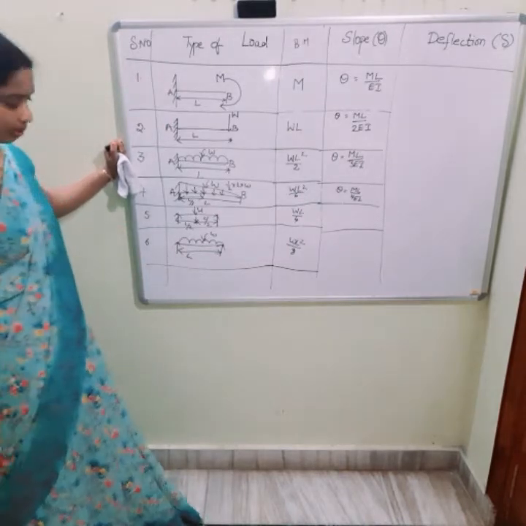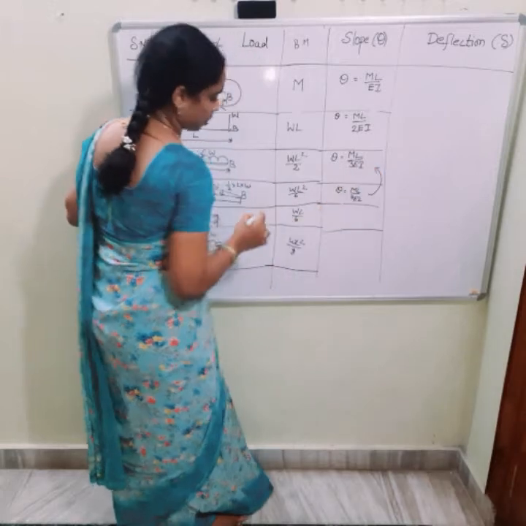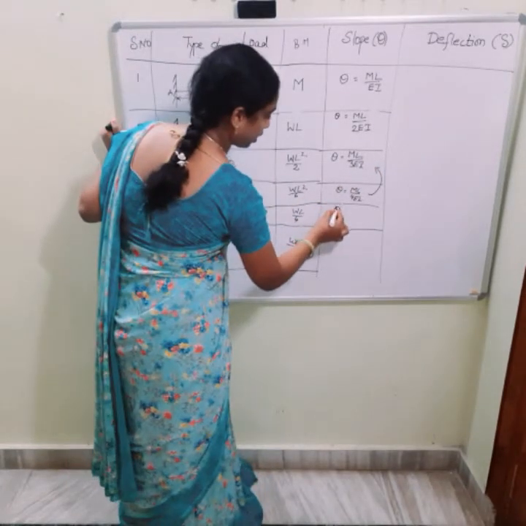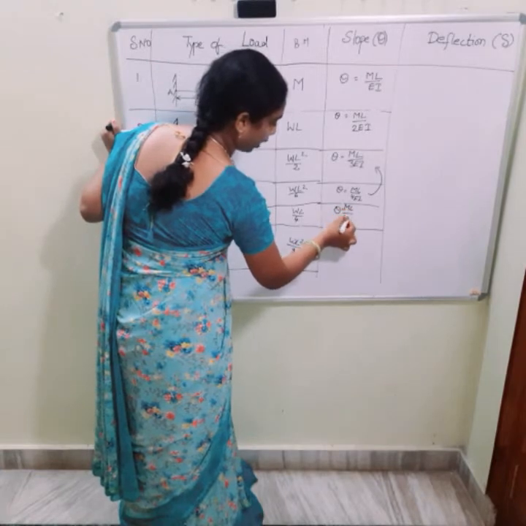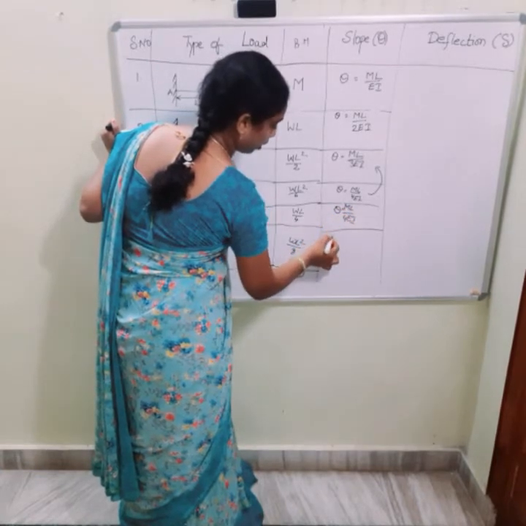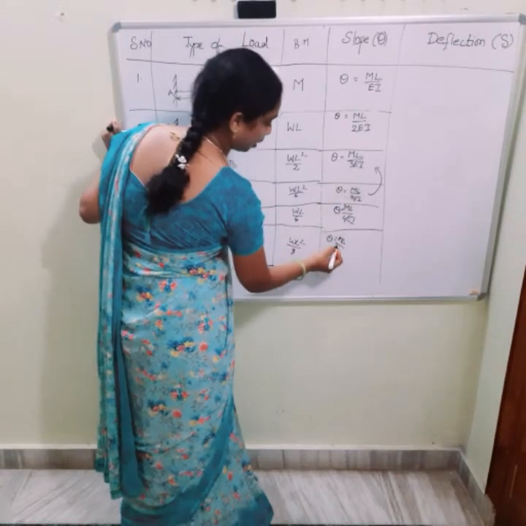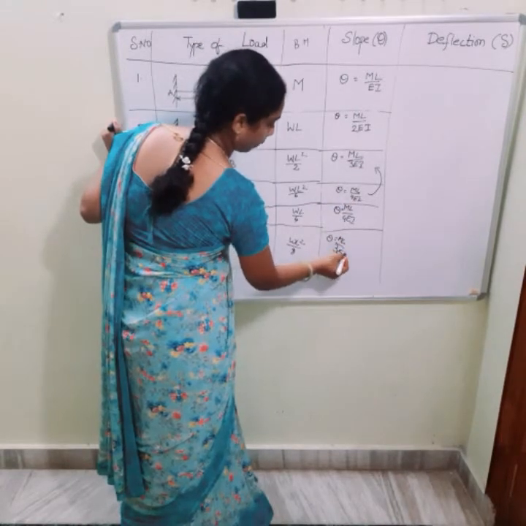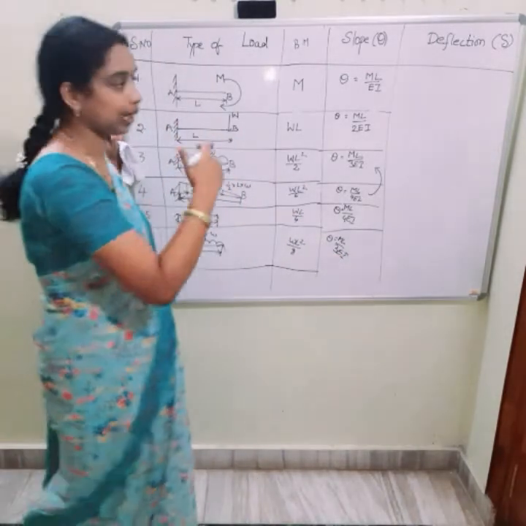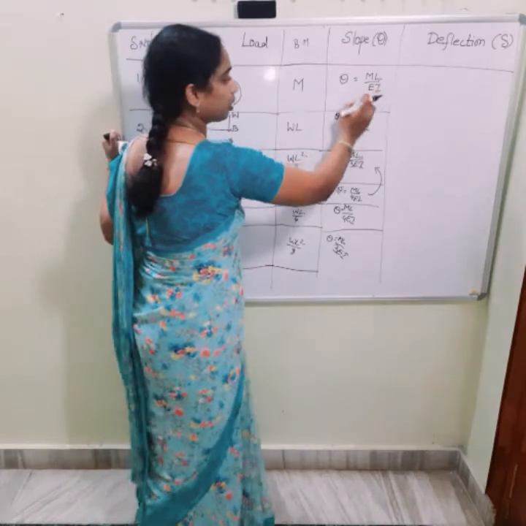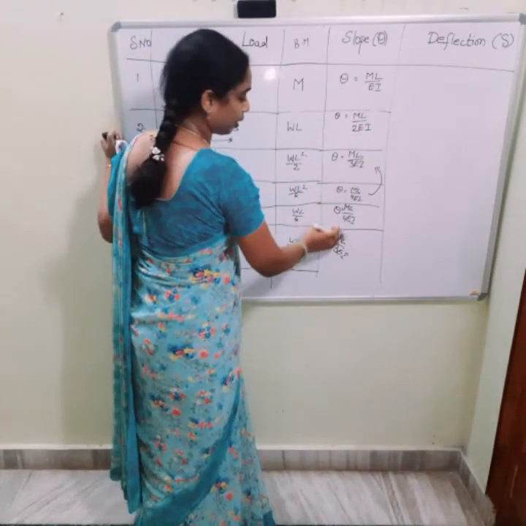But coming to simply supported beam, it is from here reverse. So here theta is equal to ML by 4EI. This one theta is equal to ML by 3EI. Please follow the sequence: ML by EI, 2EI, 3EI, 4EI, again opposite, 4EI, 3EI.